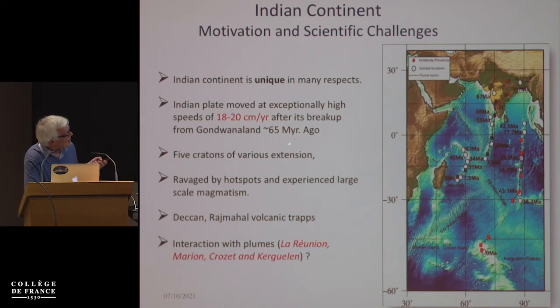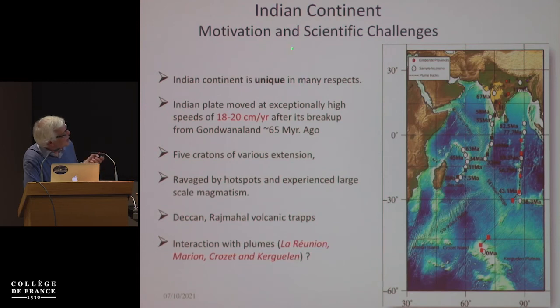The Indian continent is not so large, but you have 5 different kinds of cratons, and of course we can wonder if there is a role of hotspots, because in part of the Indian continent you have the Deccan volcanic trap, and on the other side of the Indian continent there is also the Rajmahal volcanic trap.